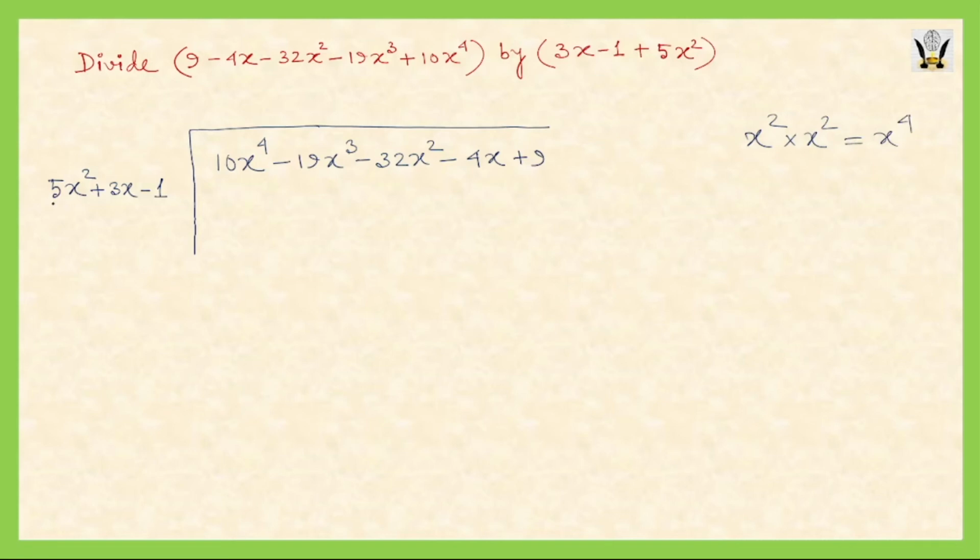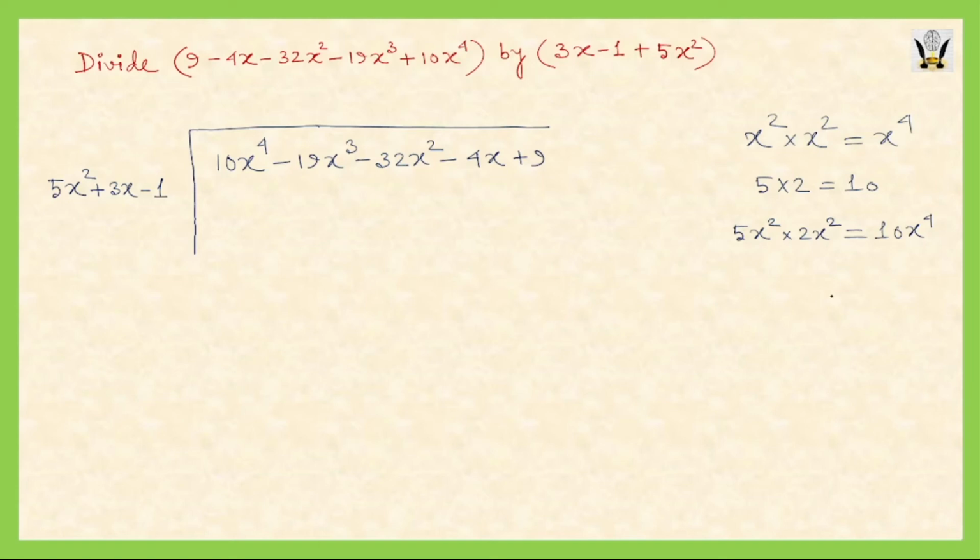The constant term in the divisor is 5 and in the dividend is 10, so we can multiply 2 with 5 to get 10. That means if we multiply 5x square by 2x square, the result will be 10x to the power 4, which matches the first term of the dividend.